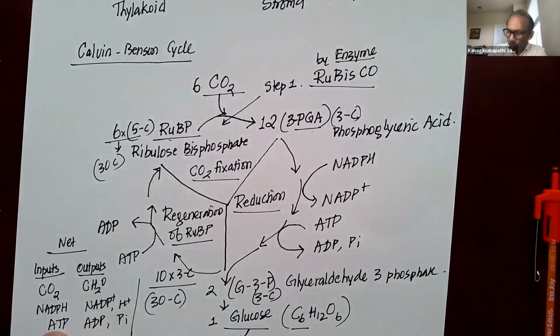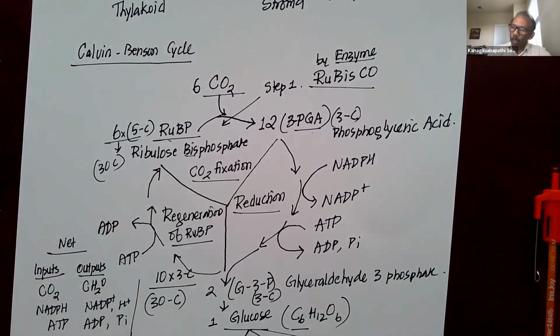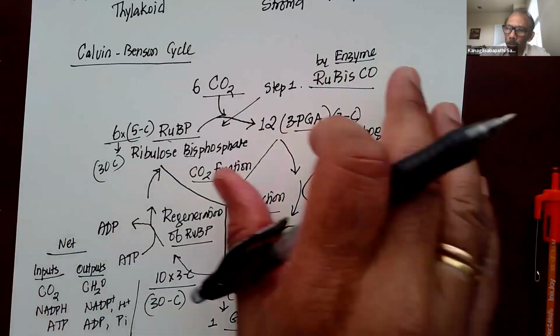This is what becomes sugar, starch, everything, cell structure, growth, cellulose, and everything. All these are important.